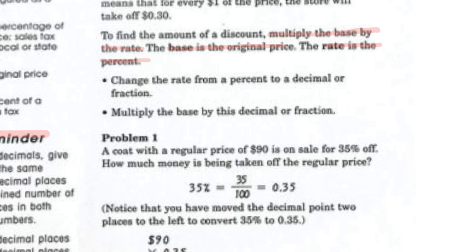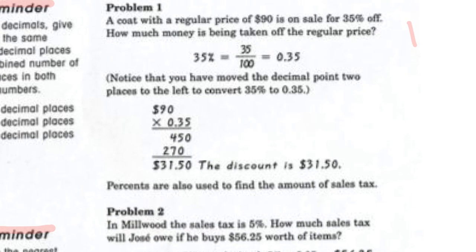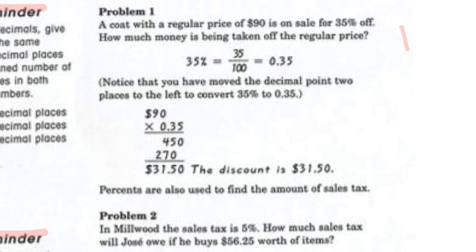It says change the rate from a percent to a decimal or fraction. Multiply the base by this decimal or fraction. Problem number 1 says a coat with a regular price of $90 is on sale for 35% off. How much money is being taken off the regular price? Well, 35% equals 35 hundredths.